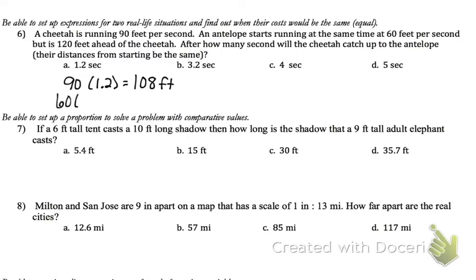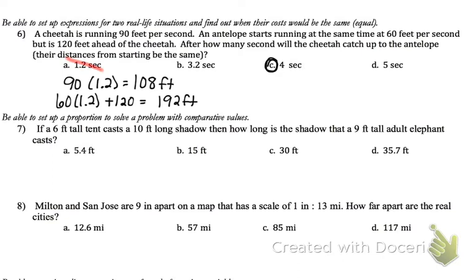So 60 times 1.2 plus 120, and that is 192 feet. So you know that after 1.2 seconds, the cheetah hasn't quite caught the antelope yet. You could do that with each of your answers to see what your answer, whenever you plug in 4, you're going to get them at the same distance.